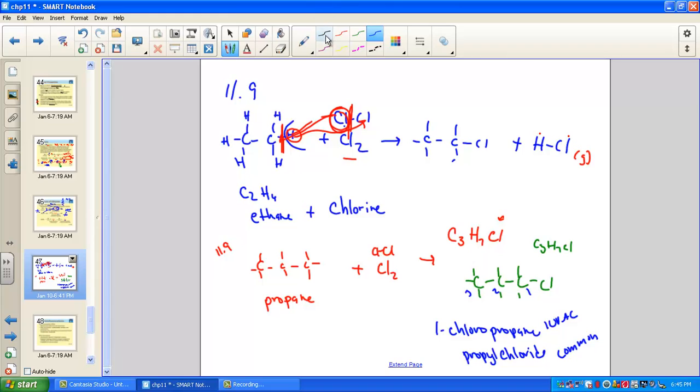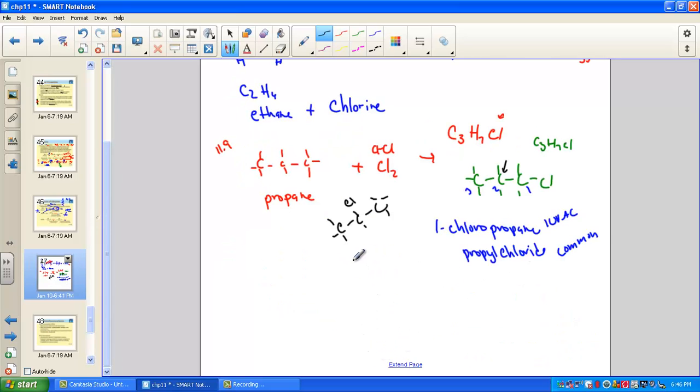Where else might that go? If we put it at the terminal end, what about the second carbon? What if we drew that propyl group and put the chlorine there? We still end up with the same molecular formula, C3H7Cl, but what about that IUPAC name? We come up with 2-chloropropane.